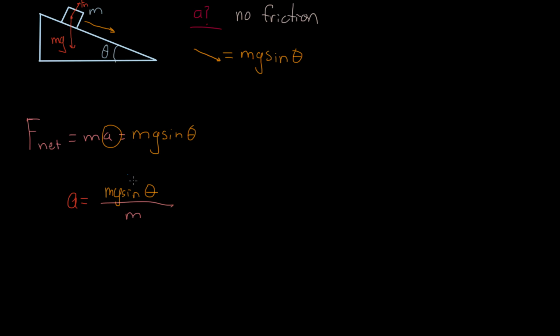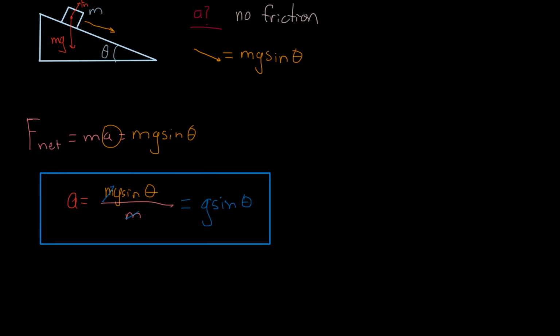And if we cancel, we'll see that the m's go away. This will yield us the answer. g sine theta is the acceleration of this mass. And so this is actually our answer right there. As soon as you plug in whatever sine theta is, you'll find the acceleration.